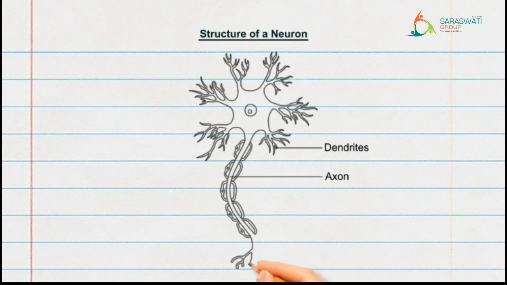Finally, terminate the axon as a branched network. This completes drawing the structure of a neuron diagram.